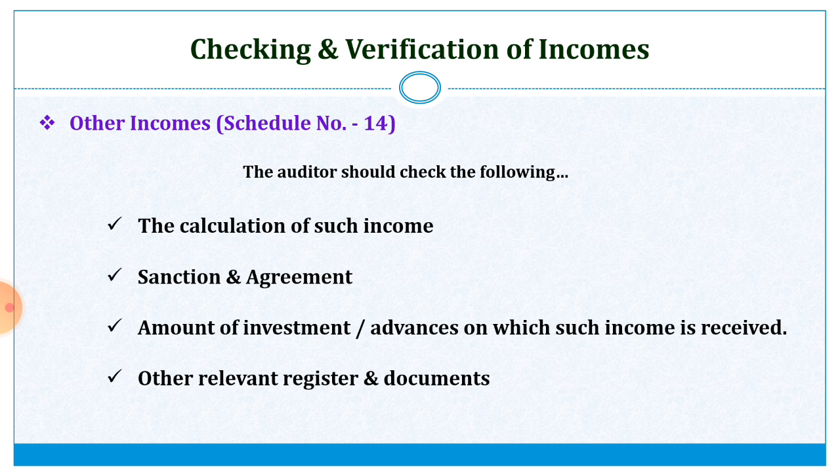While checking all these items or all types of incomes related to the bank, the auditor should check the calculation of interest. It means by taking some cases as a sample, he checks the amount, rate, calculation period and calculation amount to be recorded at schedule number 14.